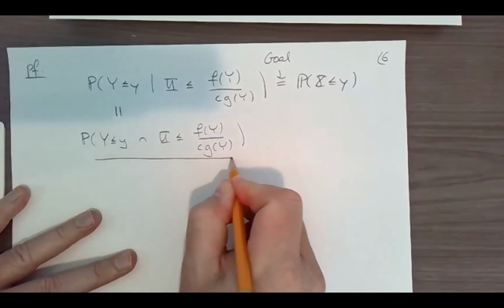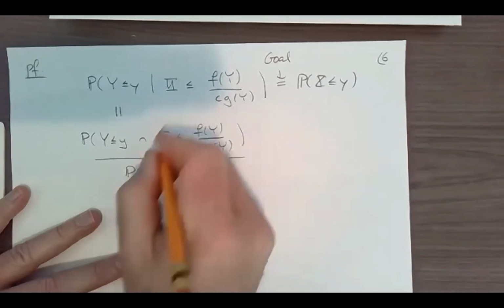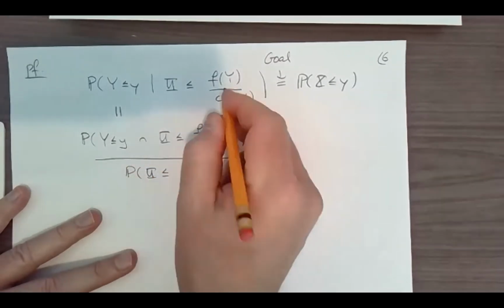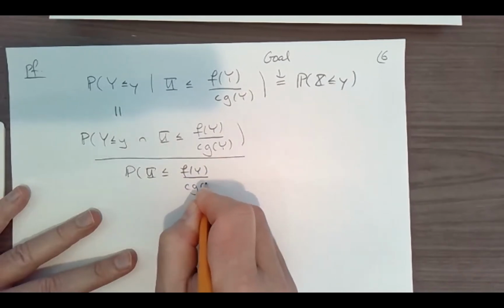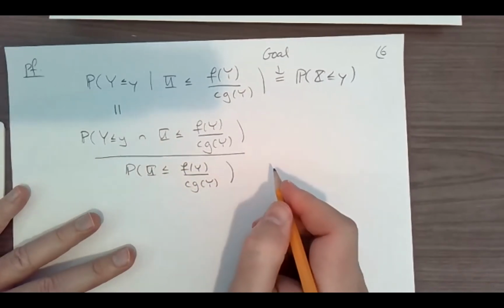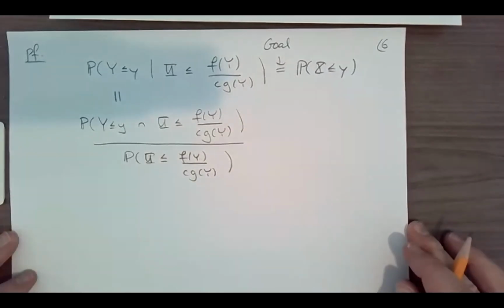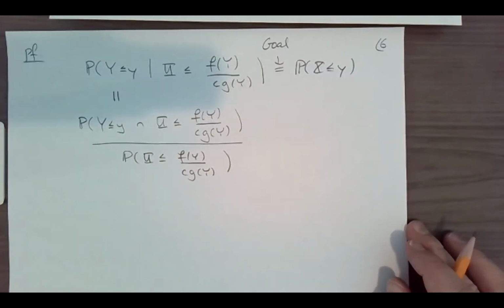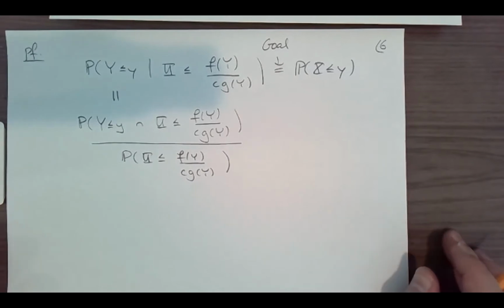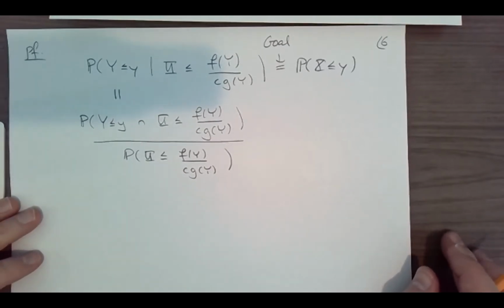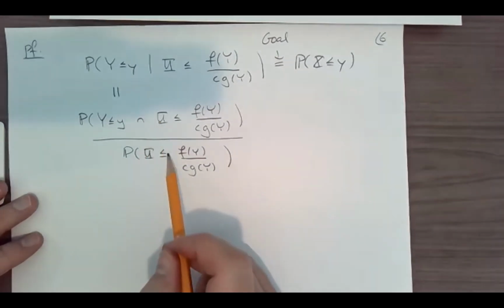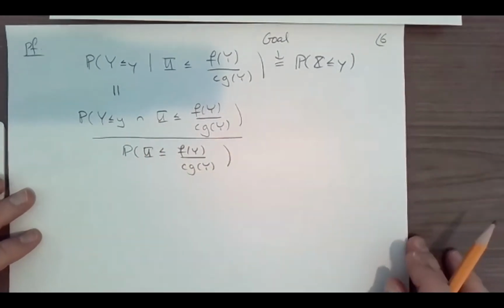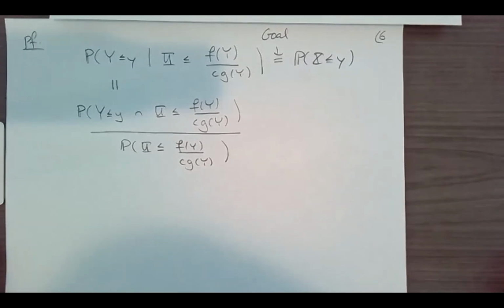So we write a line here, divide by the probability that U is less than f of y divided by c g of y. So we have to prove that this ratio becomes that probability. Any ideas on how we should proceed from here?